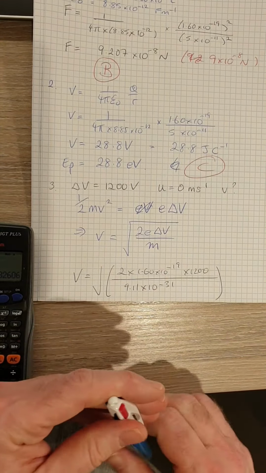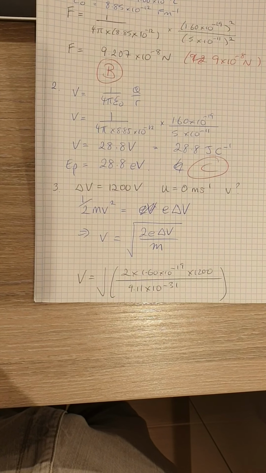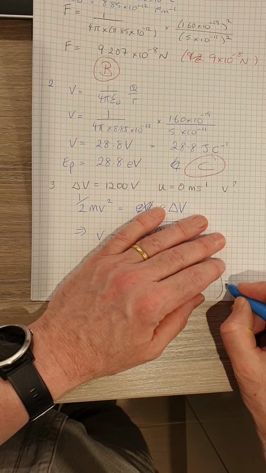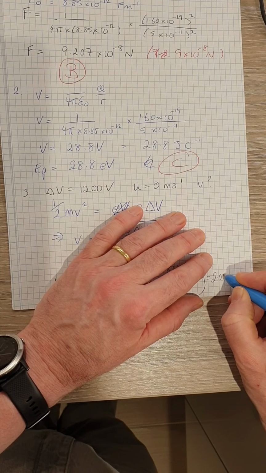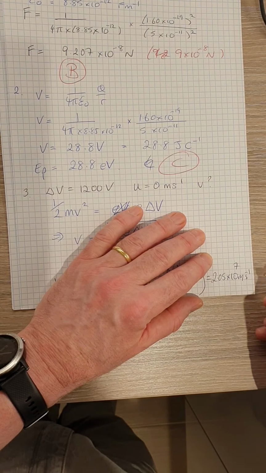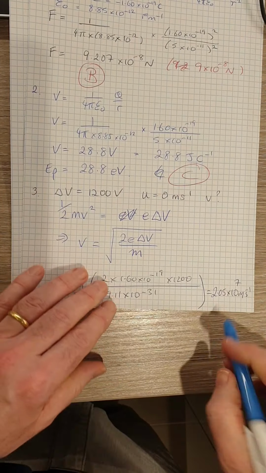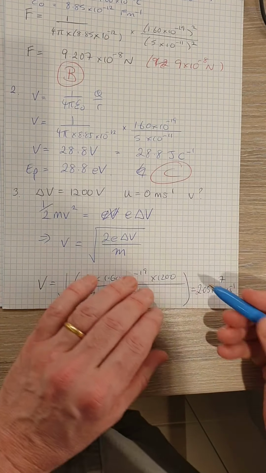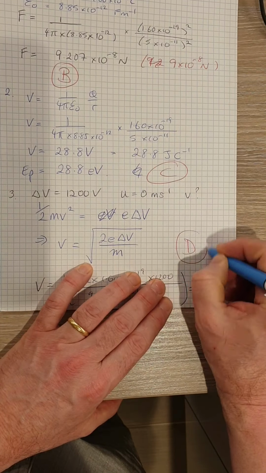I put that into my calculator and I get an answer of 2.05 by 10 to the 7 meters per second. It's less than the speed of light, so that's fine. And I check what our options are. So this is answer D.